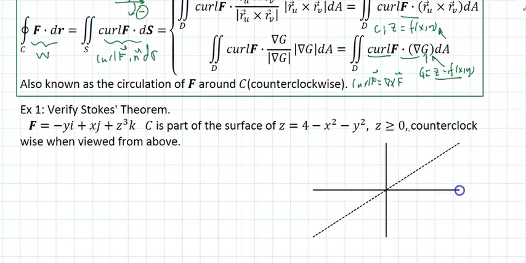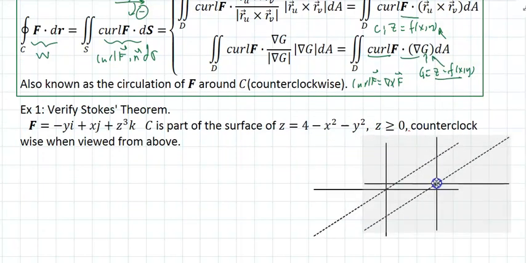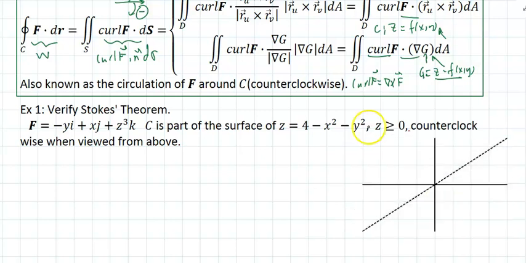I want to read that theorem again and make sure that you see it. Once I get a surface going, so this surface z equals 4 minus x squared minus y squared, it's going to cross at 2 and negative 2. Notice the shape of the surface doesn't matter. The surface S is right there.